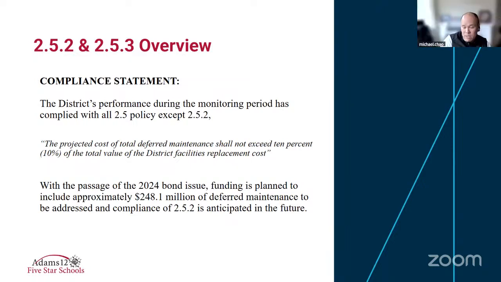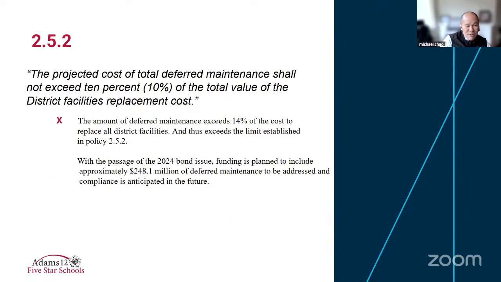Okay, so let me rephrase my question and make sure that I'm clear about this. The way I read this policy statement, and Aaron, please weigh in, it makes no mention of how we track the items. So my worry in what you said is if there's a difference in the assumptions around useful lives or replacement cost, and that's what changes the total value of the facilities or the value of the deferred maintenance, that I understand.